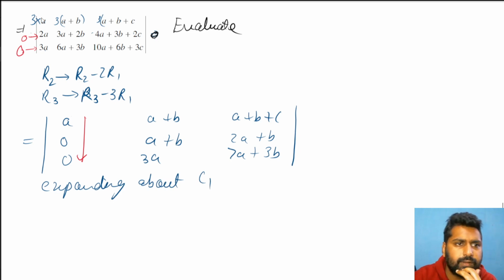One second, this value is wrong. Because if we are getting this 3a, this should have been 2a. 3a minus 2a, 2b minus 2b it was supposed to be. I made a mistake. This element was supposed to be 0.